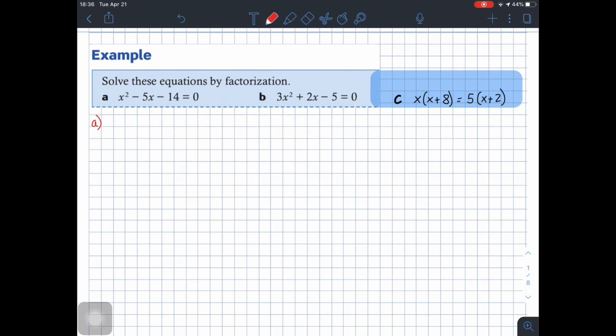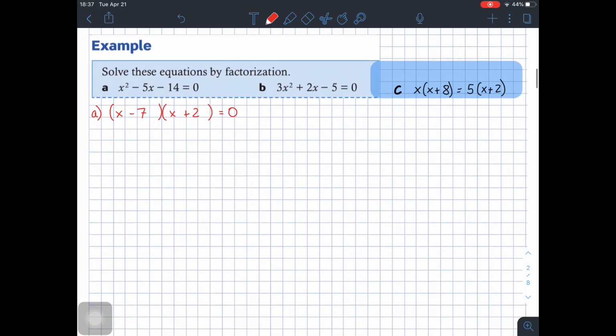So, how do we solve this by factorization? Basically, what we need to do is apply case 5, which is multiply-add, right? A pair of numbers that multiplied will give me negative 14 and added negative 5. That pair of numbers would be negative 7 and positive 2. And this is set up to 0, so equals 0.